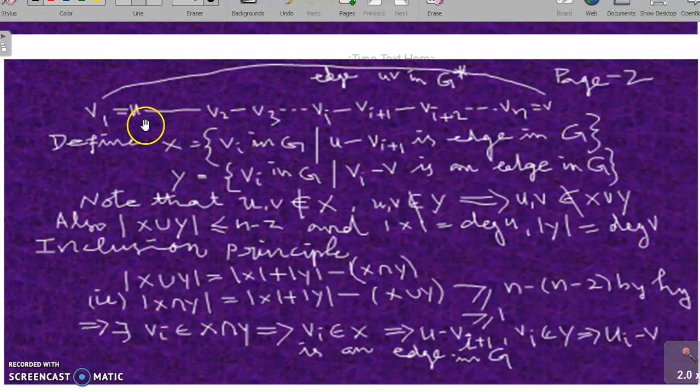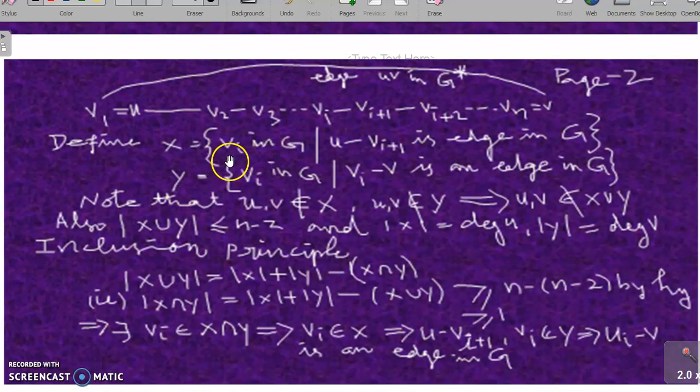All these vertices are connected by edges, and u and v are also connected in the G star supergraph. Now I am defining two sets, x and y, and constructing them like this.